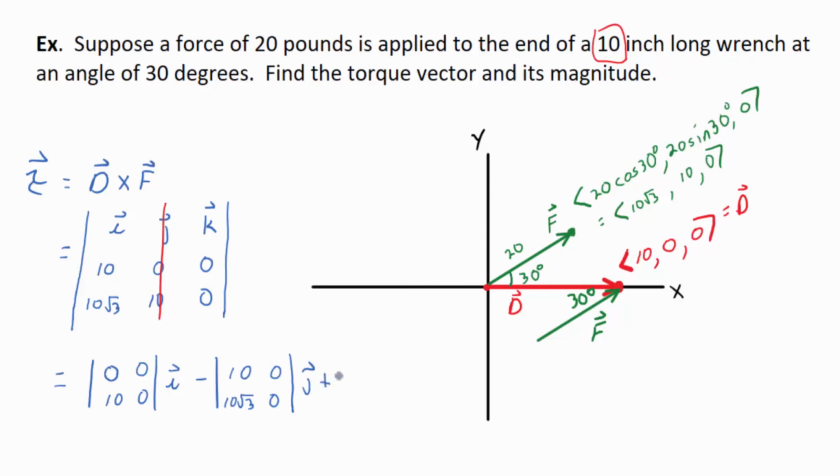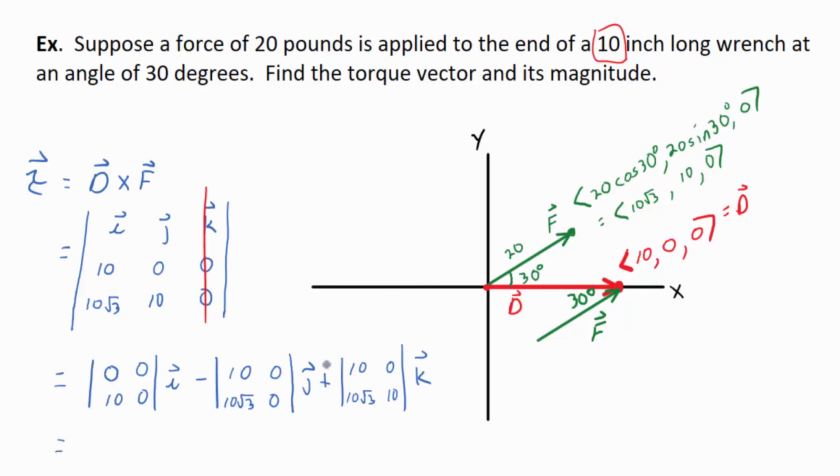And then plus, I think this is the only thing that's going to give us something non-zero. Okay, what's left? When you cross out the last column, 10, 0, 10 root 3, 10. That's times k. Is everybody with me?